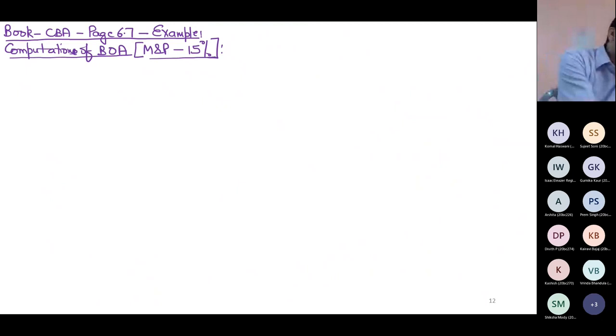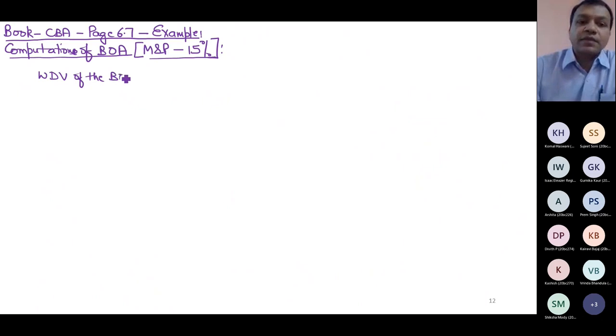The WDV of the block on 1st April 2020, because my previous year is 2021. So what is my opening WDV? WDV of the block on 1st April 2020. This WDV is 10 lakh.